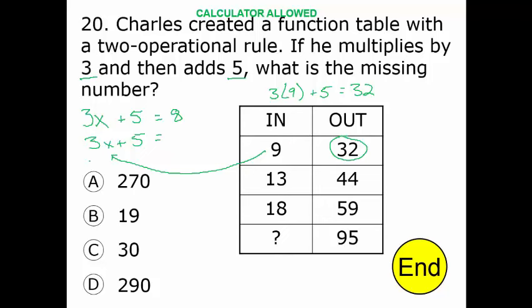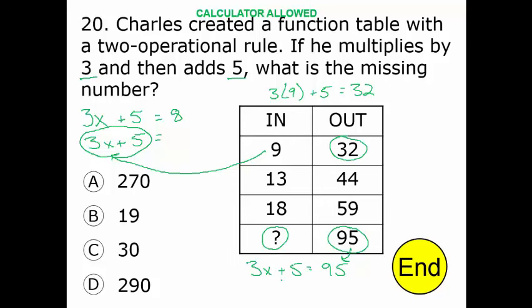So I came up with the function by kind of reading the statement. That being said, I need to figure out, well, what number did I put in to get 95? So we got to set up some algebra. Down here I go 3x plus 5 equals 95, and that comes from this output here. So in a sense, I got to solve for x. I'm going to go ahead and solve it.